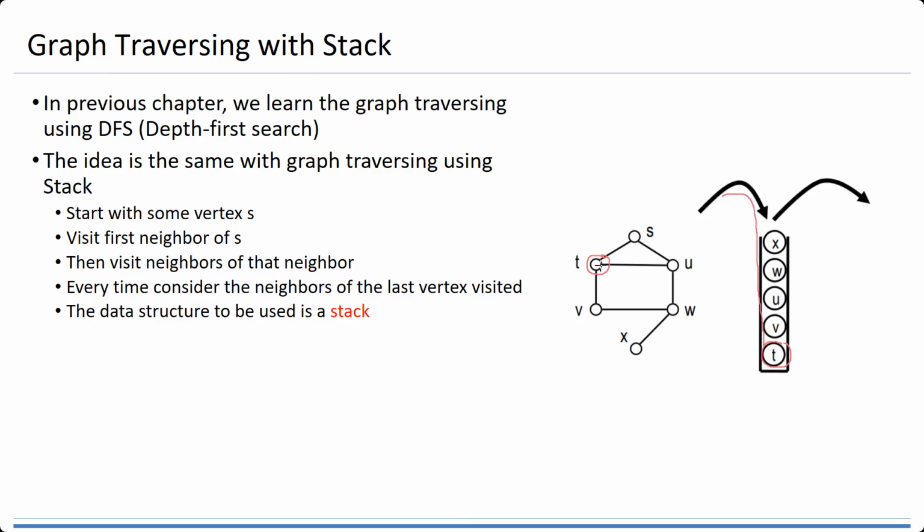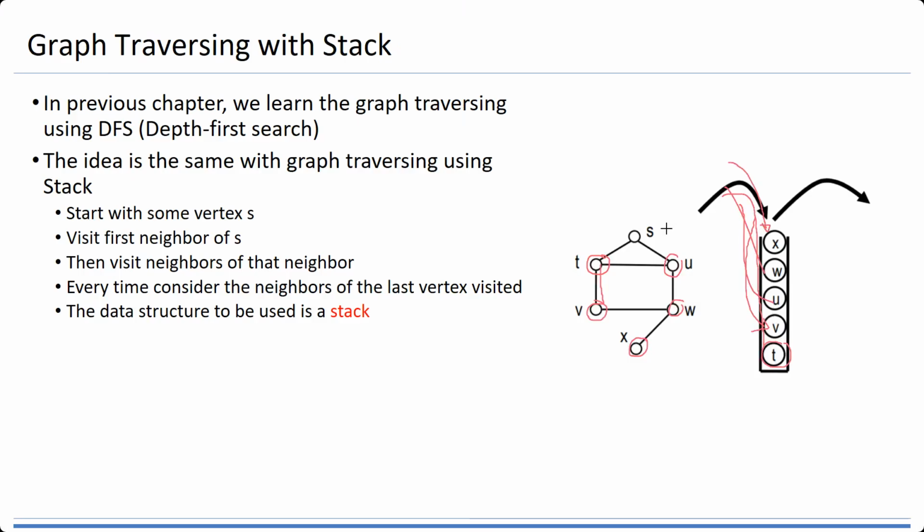And then I put the next node, which is V. So I put into the stack, into the second. Let's say now I have U. So I put into the third. And then let's say I have now W. Now I put W. And the last is X. Then I put X in the line.